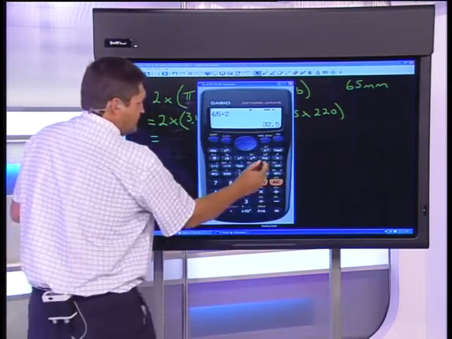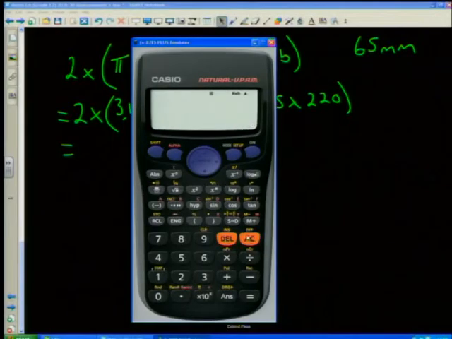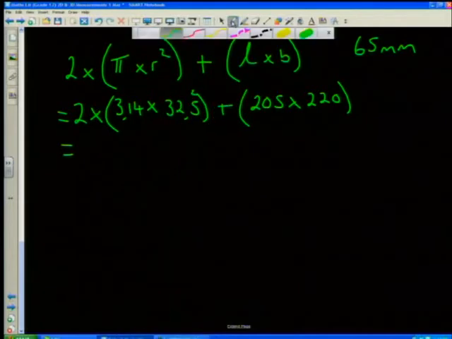First of all, clear that, and I'm going to say 2 times pi, which we said was 3.14, multiplied by my radius, which was 32.5, and we're squaring that 32.5, and we're going to land up now with an answer of 6,633,25.